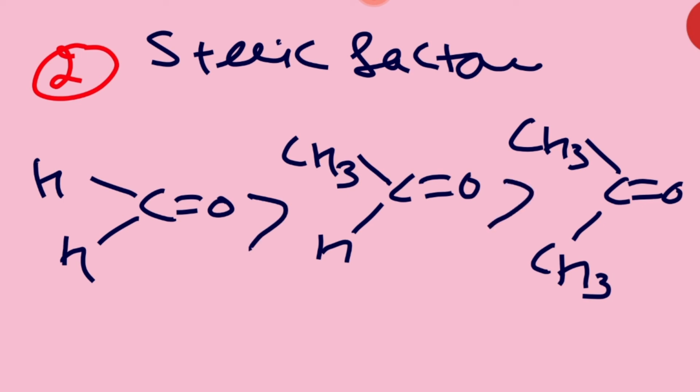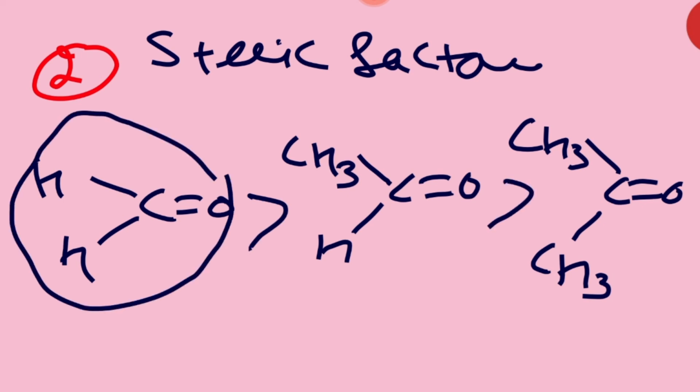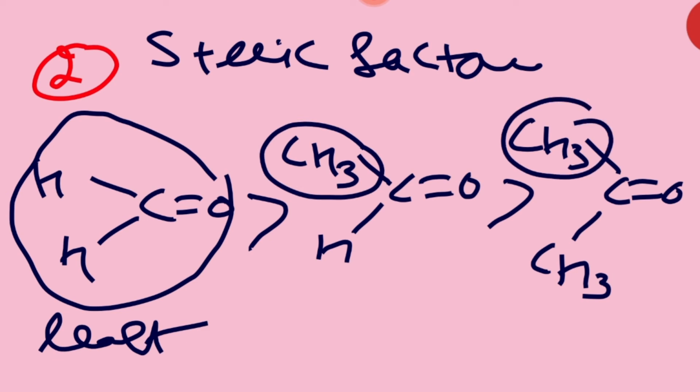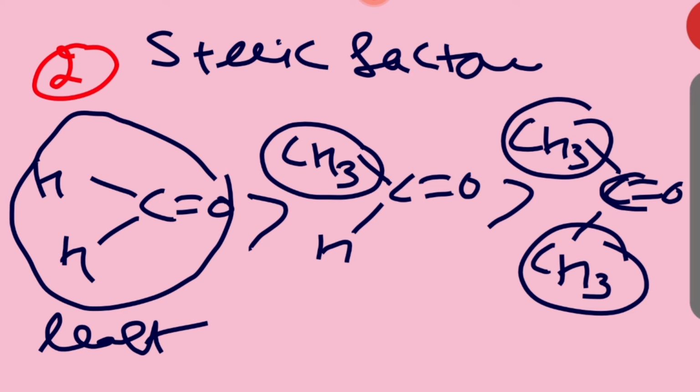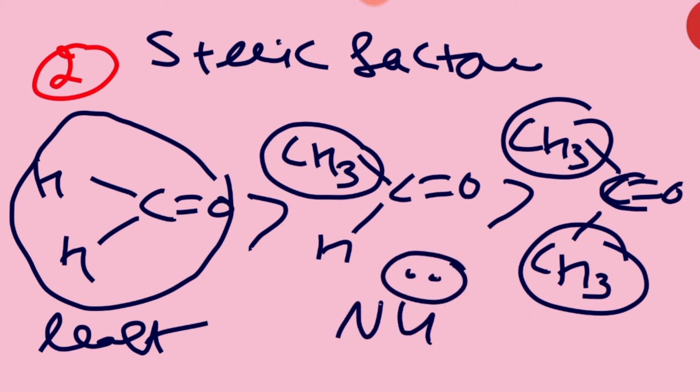For this one, the reason we have given is the plus I effect. Here we can say there is the least steric hindrance, the rush is very little. Here is one alkyl group, here are two alkyl groups, so the rush is maximum. So as the steric hindrance increases around the carbon, the attack of the nucleophile will become difficult.